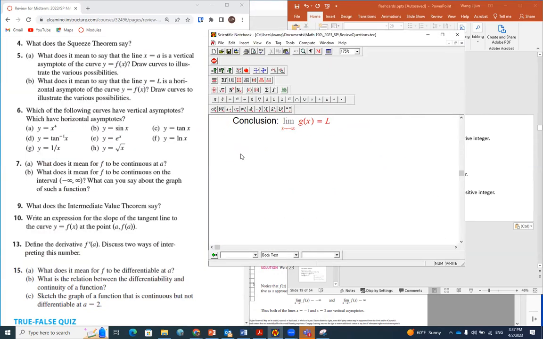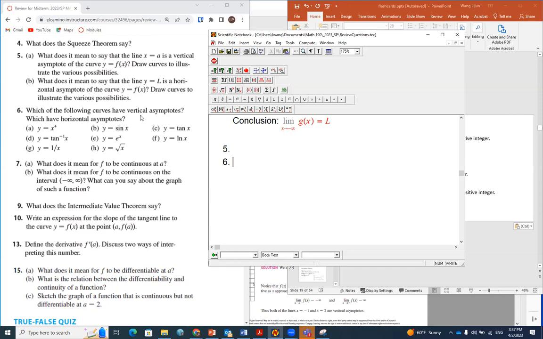Okay, so squeeze theorem. So number 5, right? We've done that, right? Number 6, and y equals x to the power 4. This function does not have any vertical asymptote nor horizontal asymptote.